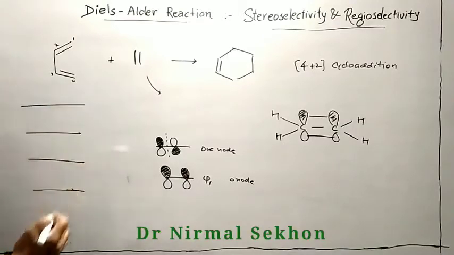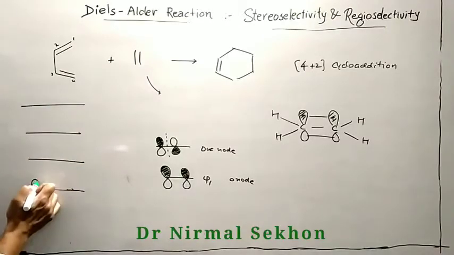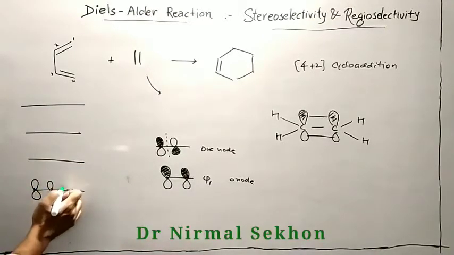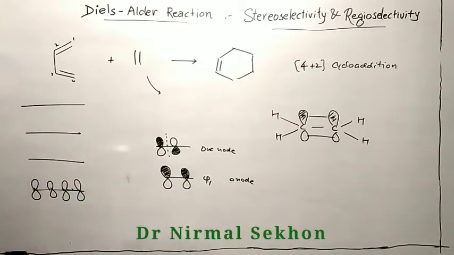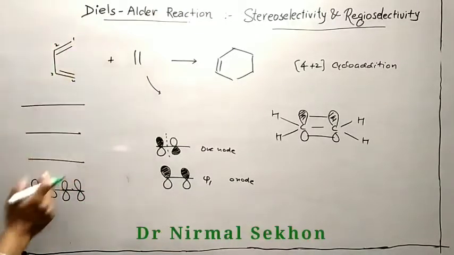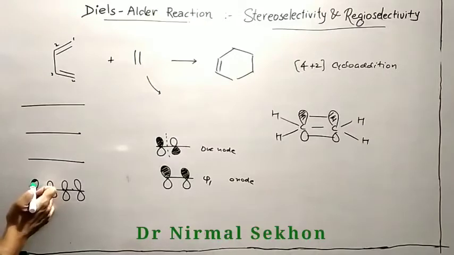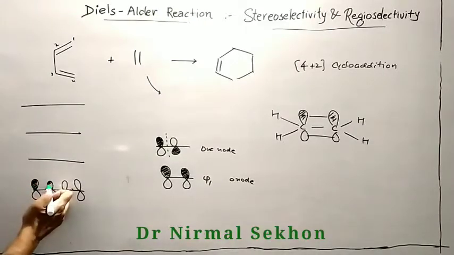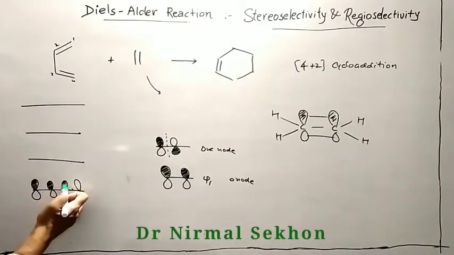Like this we have drawn the structure. These are the 4 atomic orbitals, 1, 2, 3, 4, all having positive lobes overlapping with positive lobes.